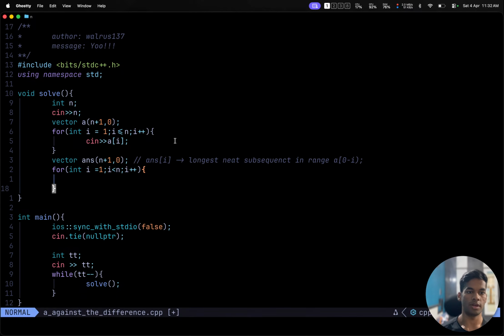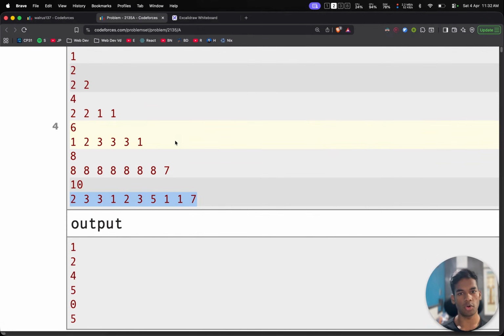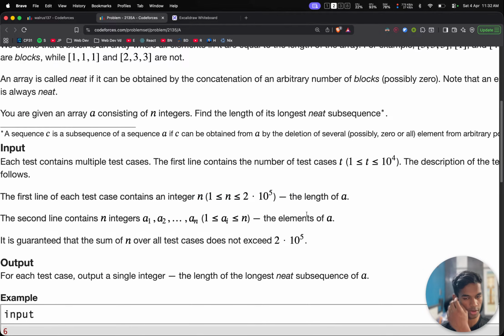And when you are currently here, either you go to the left, and what are the time complexities for this thing? 10 power 5. Okay, you cannot do n square.